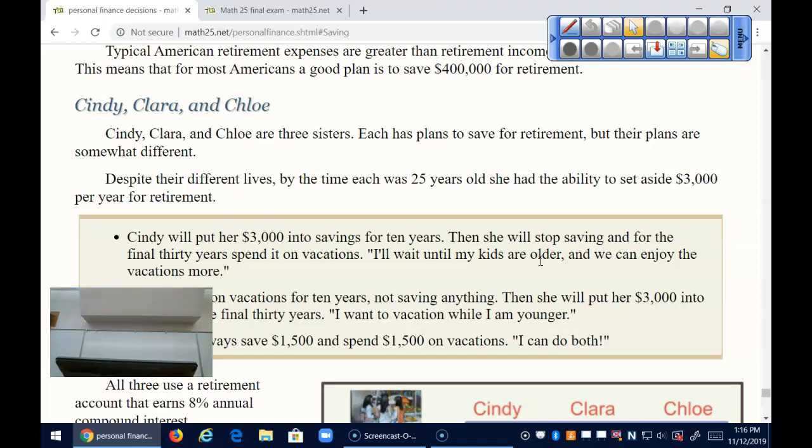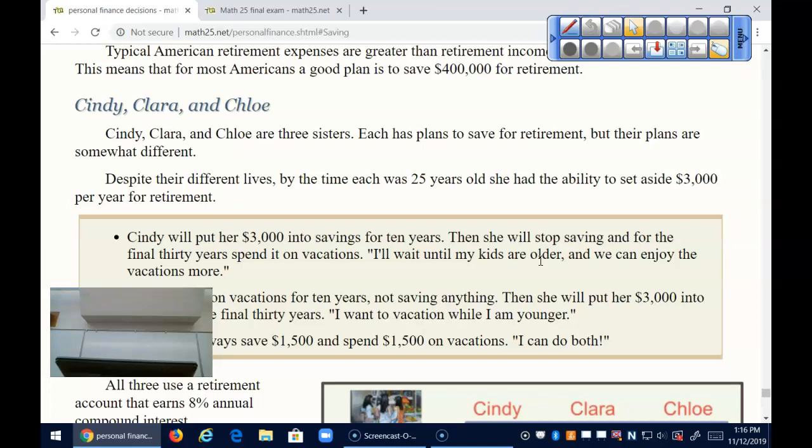Cindy puts her $3,000 into savings for 10 years. Which of our 3 formulas is that? You put $3,000 every year into your savings. Sum of annuity due, the one we just did, repeated deposits. Then she stops saving. For the final 30 years, she spends it all on vacations, thinking, I'll wait until my kids are older and then we'll enjoy the vacations more.